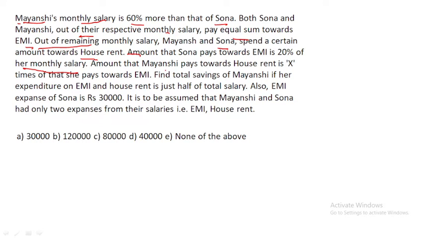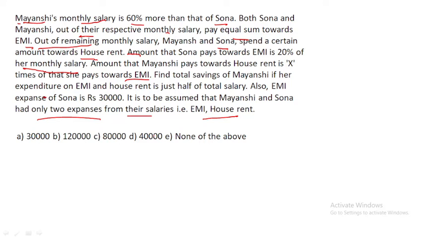The amount that Mayanshi pays towards house rent is X times that she pays towards EMI. Find the total savings of Mayanshi if her expenditure on EMI and house rent is just half of her total salary. Also, the EMI expense of Sona is rupees 30,000. It is to be assumed that Mayanshi and Sona had only two expenses from their salaries, EMI and house rent. And our options are given.